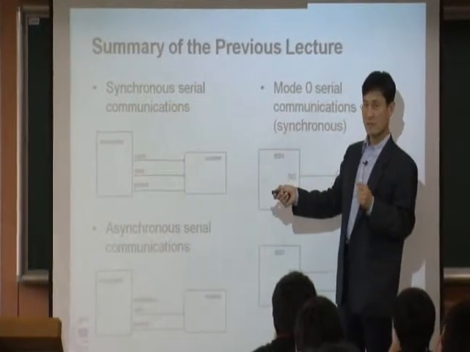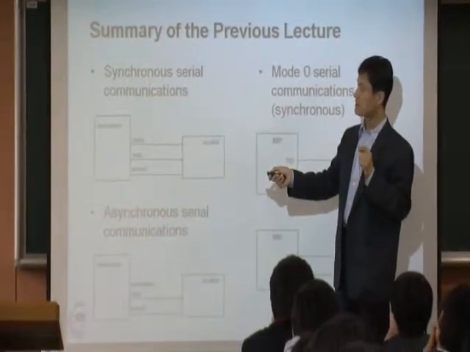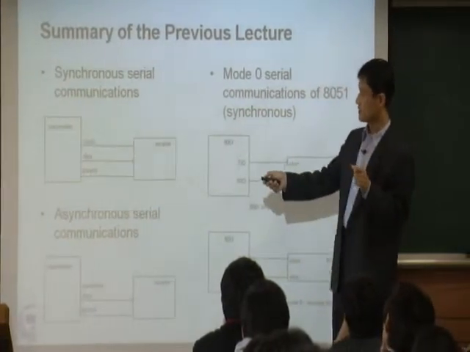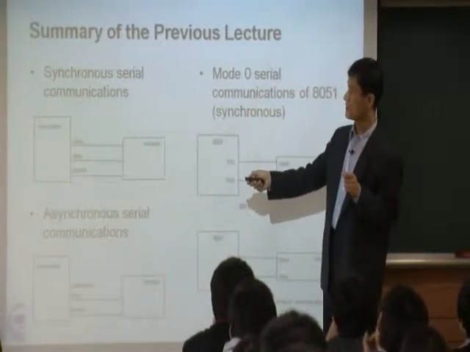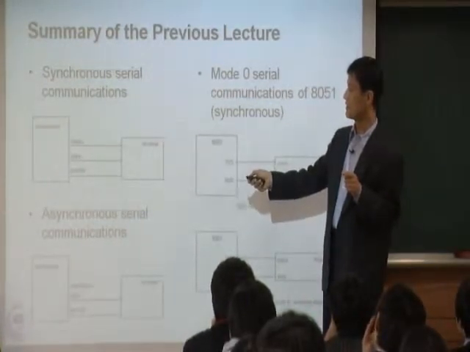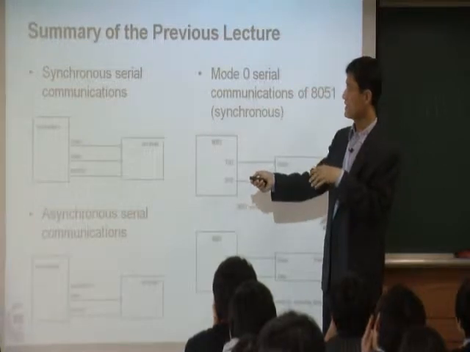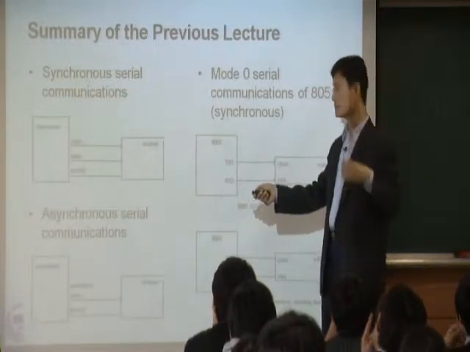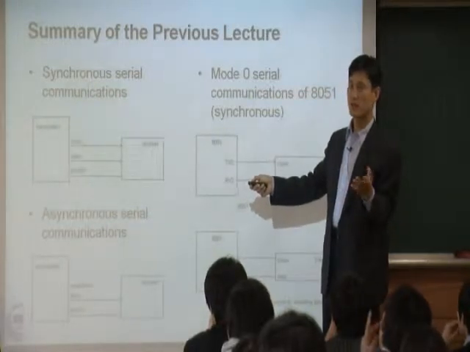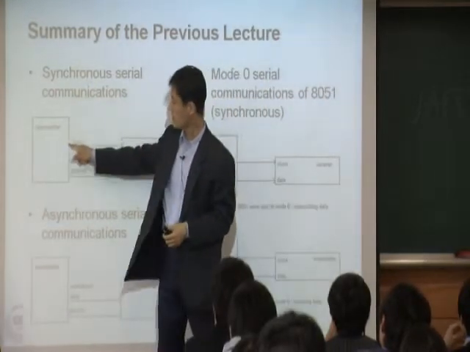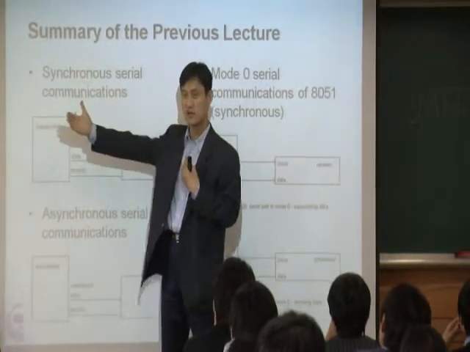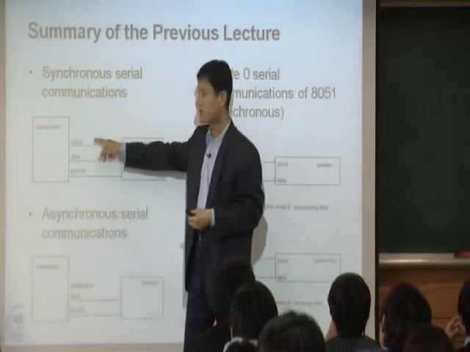Synchronous communication looks nice because it has a clock, but certainly having a clock pin is a problem. Since we have a clock, if you have a very large distance between the transmitter and receiver, let's say the transmitter is here and the receiver is in another room, and the distance between these two is like 100 meters, then you transmit a clock, like a pulse train, but these clocks will die out.